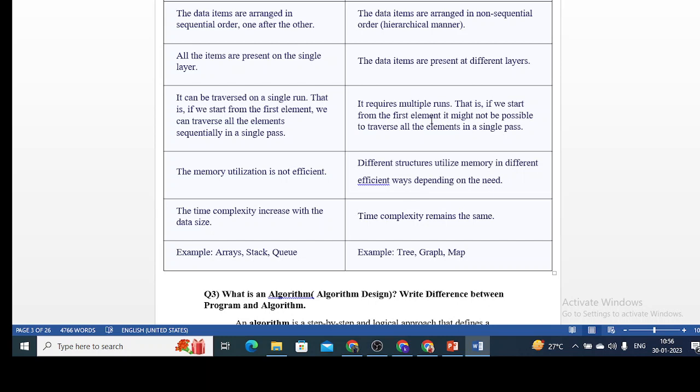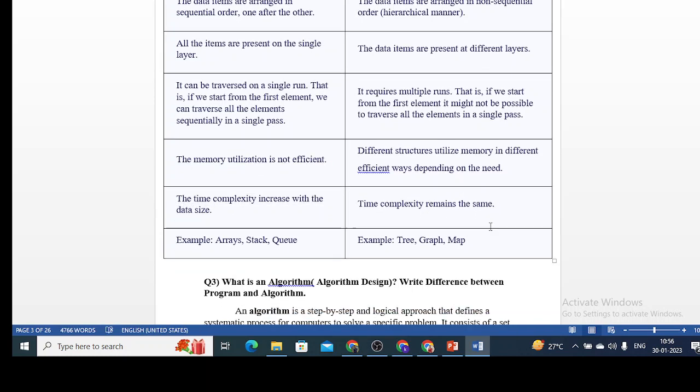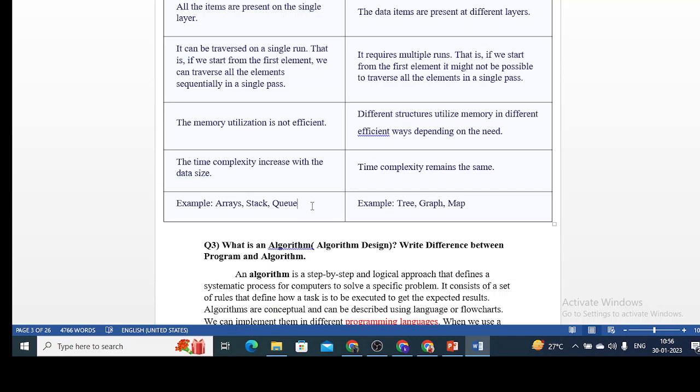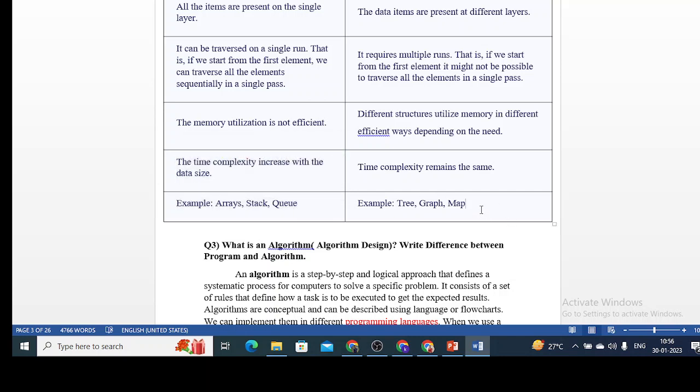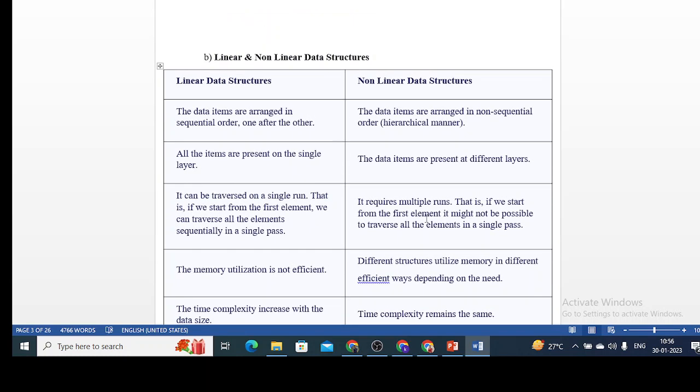That is the reason this category is present in data structure. Different structures utilize memory in different efficient ways depending upon the need. The time complexity increases with the data size, and here the time complexity is going to be the same. For example, here we may have array, stack and queue, and here we may have tree, graph and map. Okay, so this is about question number 2B.